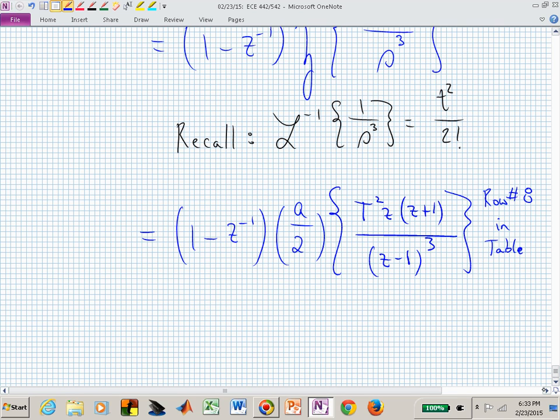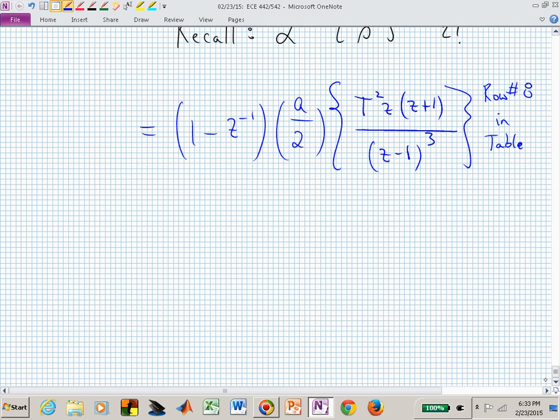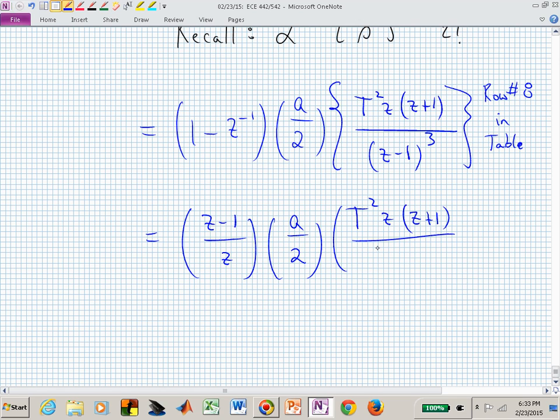I told you it gets a little more interesting. But what happens with this 1 minus z to the minus 1? We can rewrite that as z minus 1 over z. We have an a over 2, and here we have T squared times z plus 1 over z minus 1 cubed.